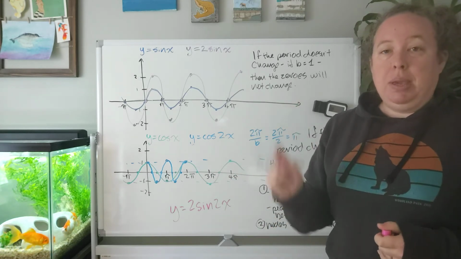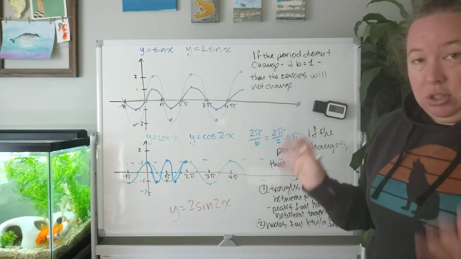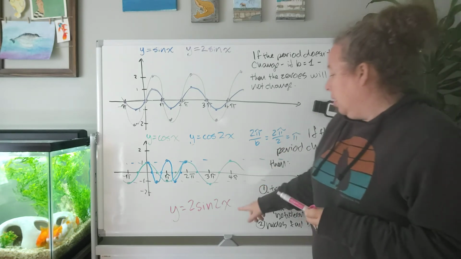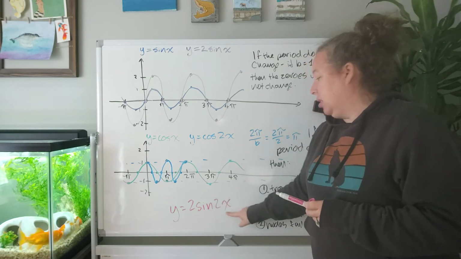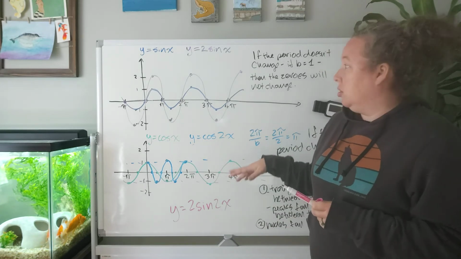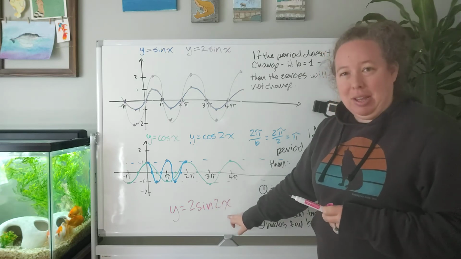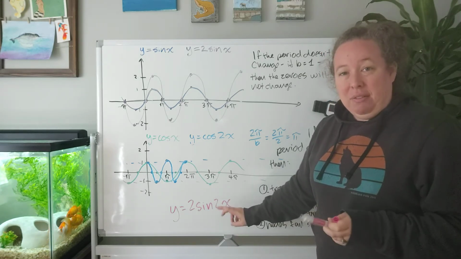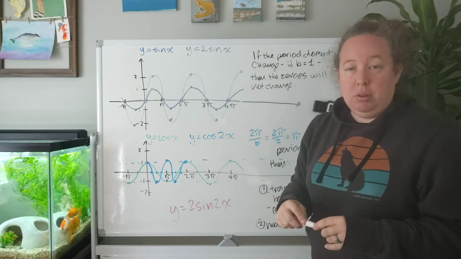Because changing the period is more difficult, there's just more steps involved. My suggestion is that first you pencil in, okay, what does sine of 2x look like? So first you can pencil in sine. Then you can pencil in sine of 2x. And then finally the last step will just be to stretch the amplitude up to 2.